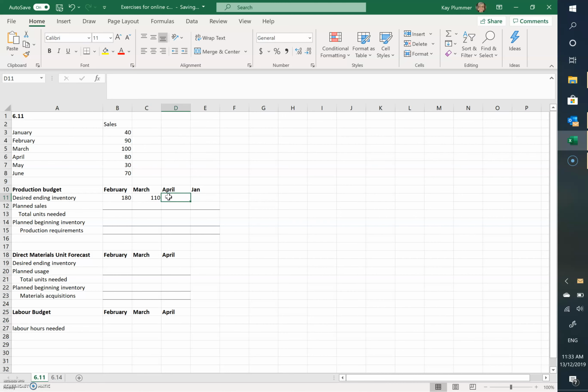And for April, it is May plus June. Okay, so our planned sales, well, we know what our planned sales are. We've worked out how many we expect to sell each month. And that's one of the hardest things that a business has to do, is to work out what the sales are going to be.